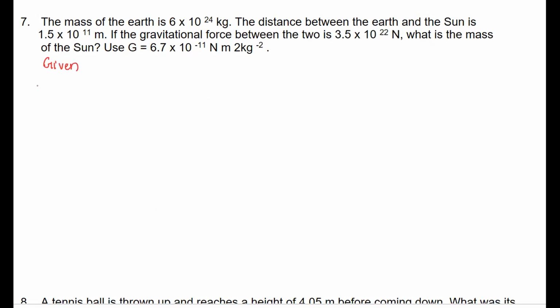Given mass of the Earth, let it be M1. M1 is equal to 6 into 10 raised to 24 kg. Then R is given. R is equal to 1.5 into 10 raised to 11 meter.